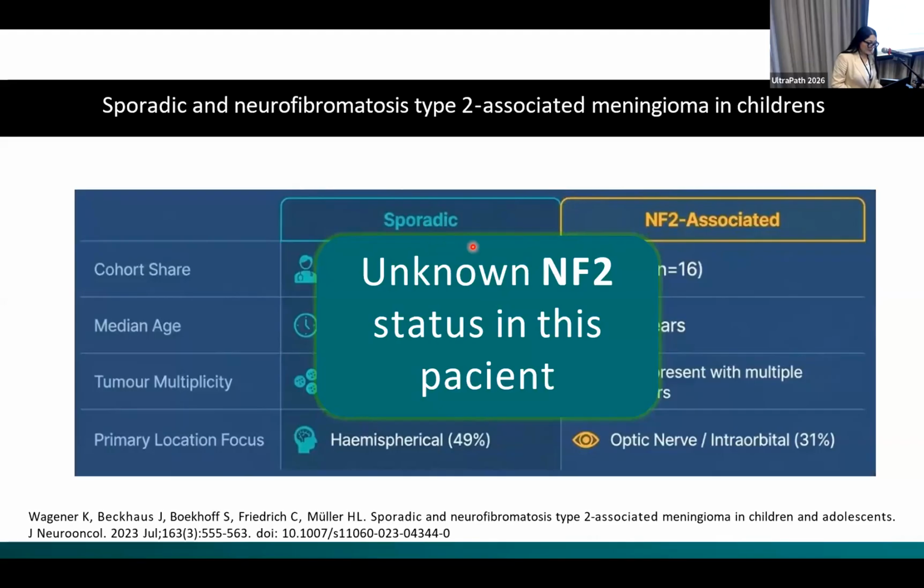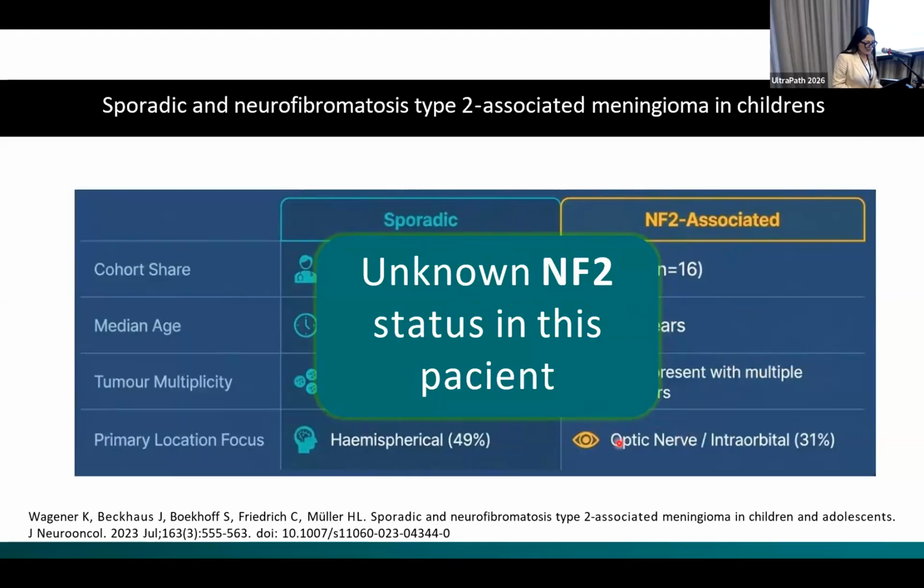But as the conclusions, the median age is actually very similar in the sporadic and NF2-associated cases, but they found that patients who present multiple lesions are more frequently associated with NF2, unlike the sporadic cases.